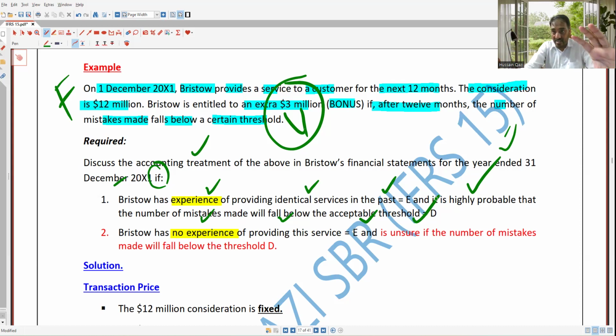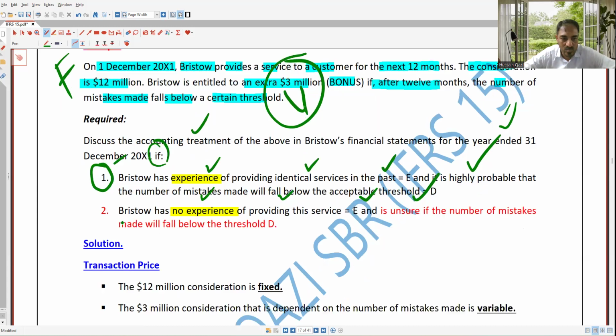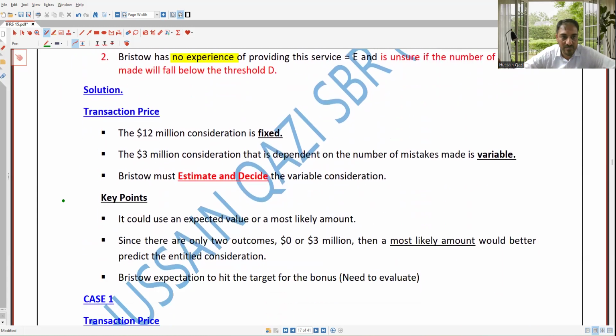So having experience, that's their confidence. So with this experience, they are deciding yes, we will be able to get the bonus.